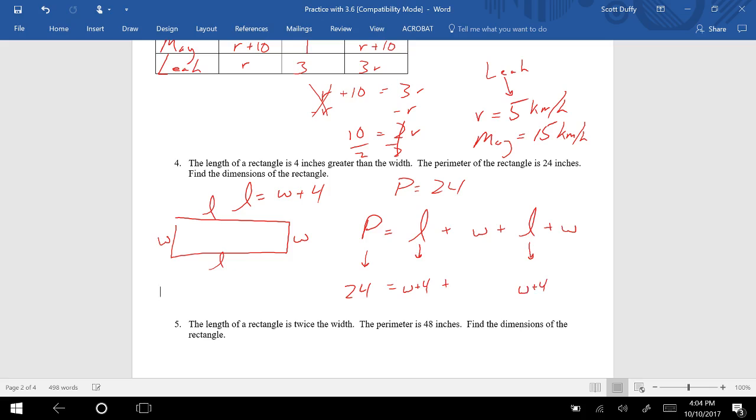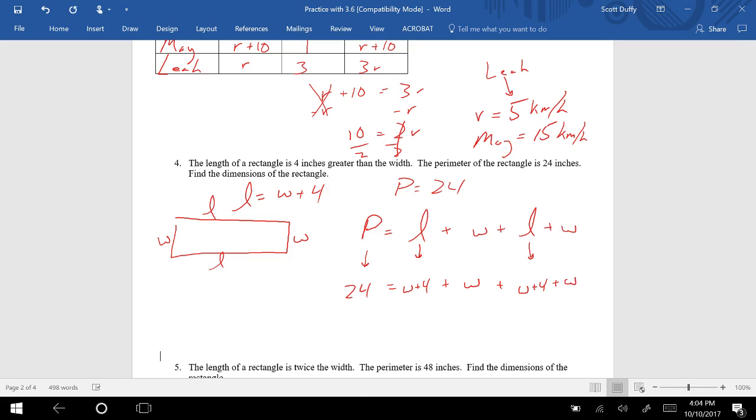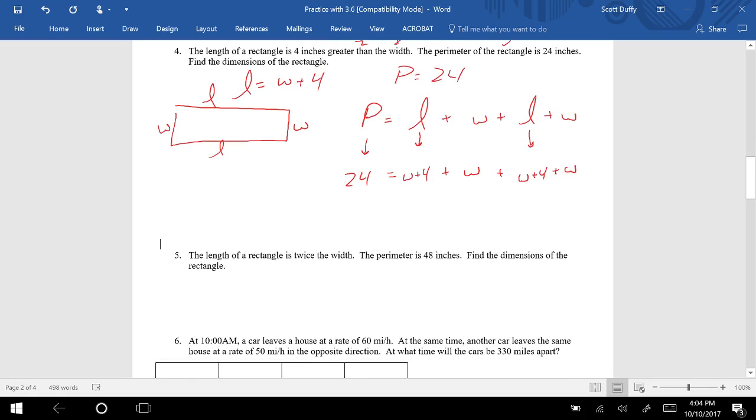We're just solving this in terms of W. So I have W plus 4 plus W plus W plus 4 plus W, all equaling 24. So that is 1, 2, 3, 4 W's. And then adding 4 more is adding 8. Subtract 8 from both sides.